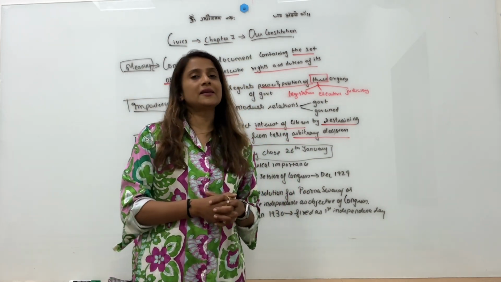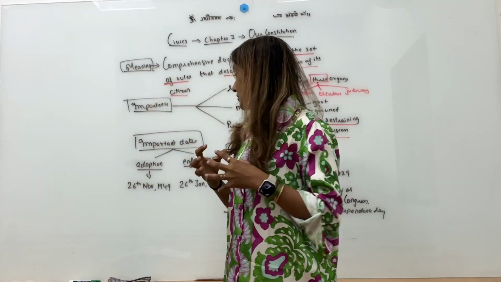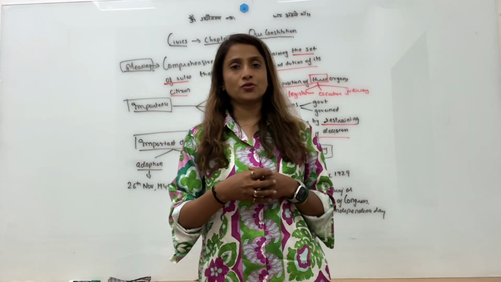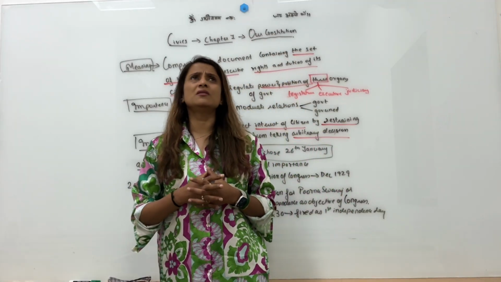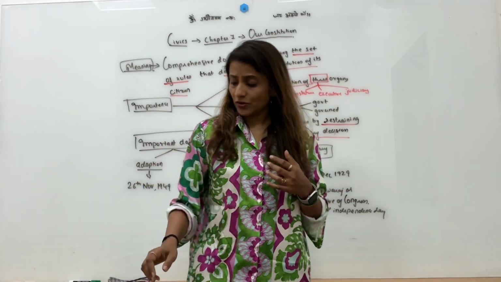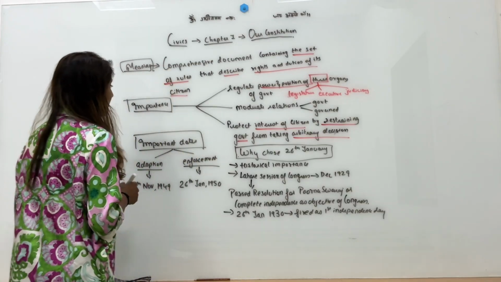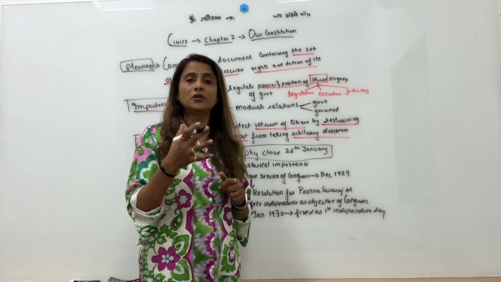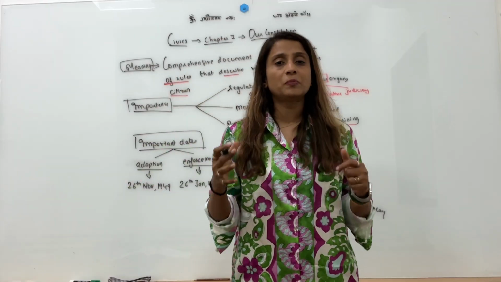Now let us understand the two important dates connected with our constitution. Before I forget, always also remember who framed our constitution. It was not one, two, three or four people.